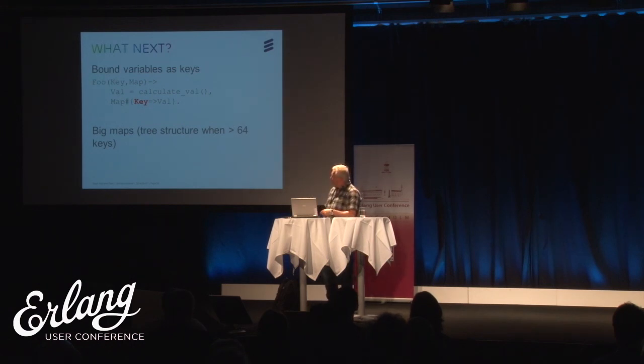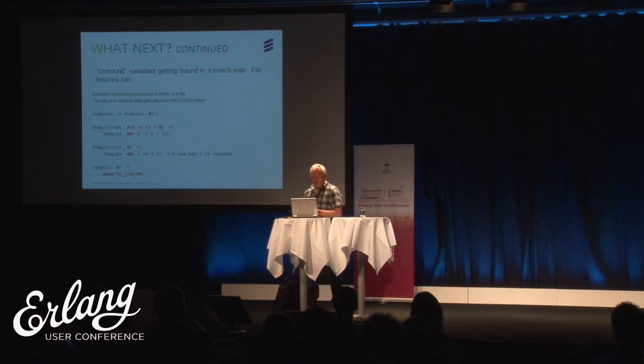But it goes together with having big maps, because it will be easy to create big maps when you have this. And I think, as I said, the breakpoint will go at 64. Not for sure, but around that figure. And we'll call it a hash structure, not the tree structure. This is wrong.